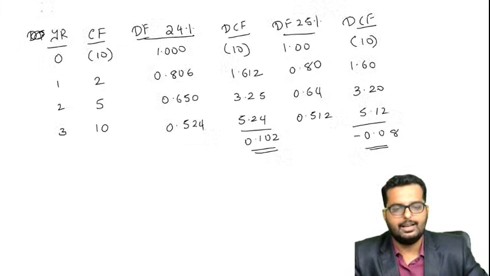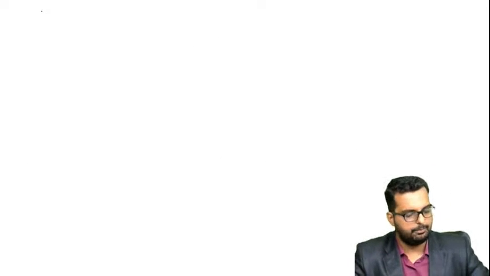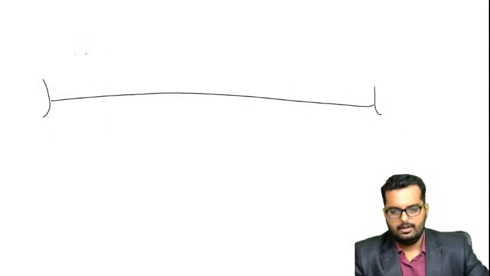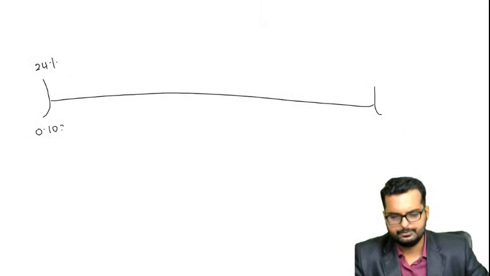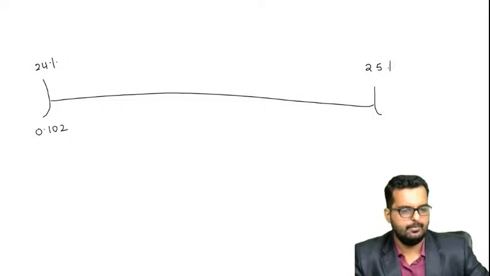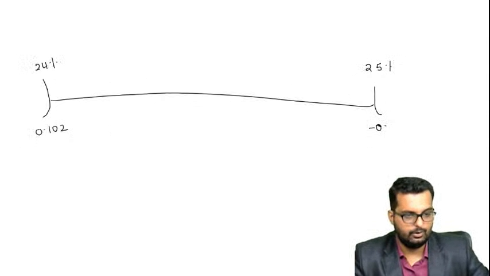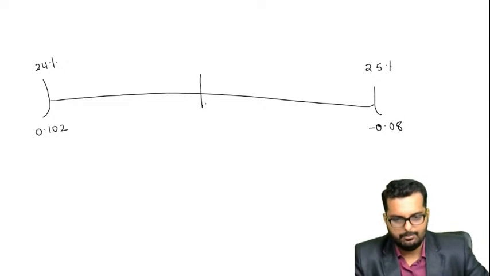Alright, for that let me just do some interpolation. At 24%, my NPV is 0.102. At 25%, it is minus 0.08. I am looking for an NPV of 0.